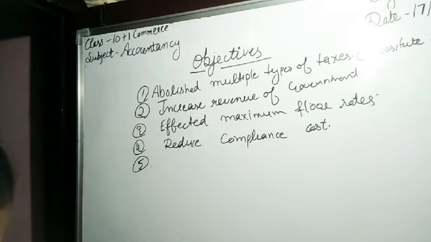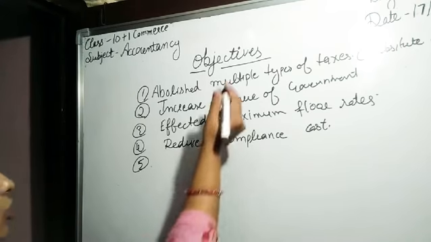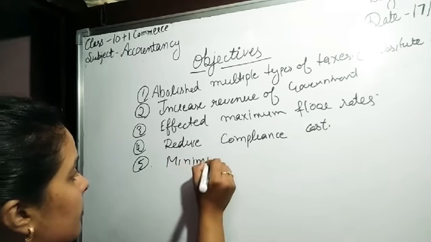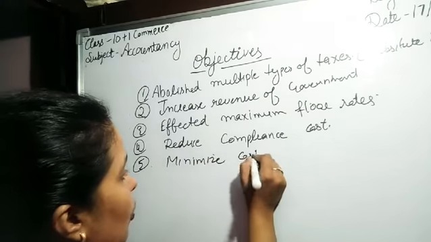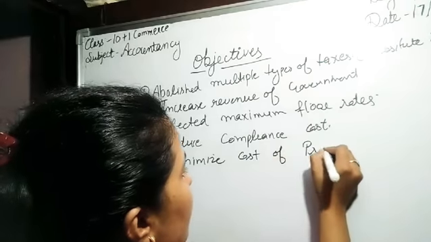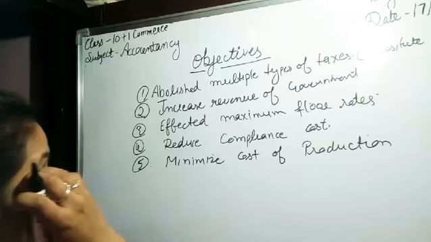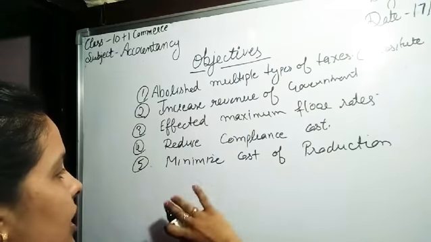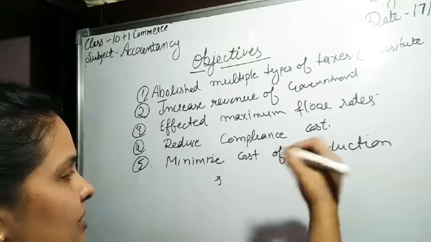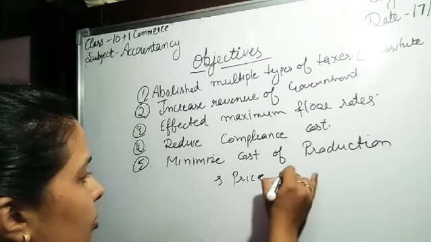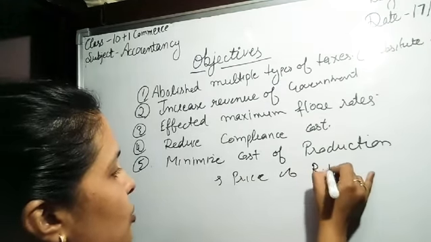Fifth, GST minimizes the cost of production of goods and services. Okay, the objective is to minimize the cost of production. How is the cost of production minimized? Because a number of taxes are abolished. When the amount of taxes is increased, it affects the price of goods, or we can say the price of raw material.